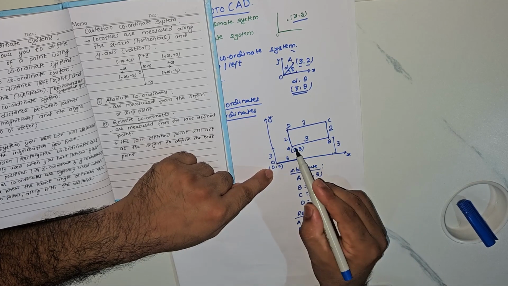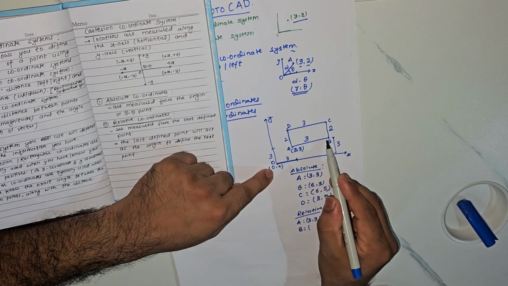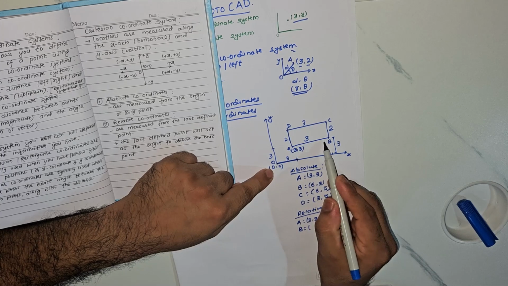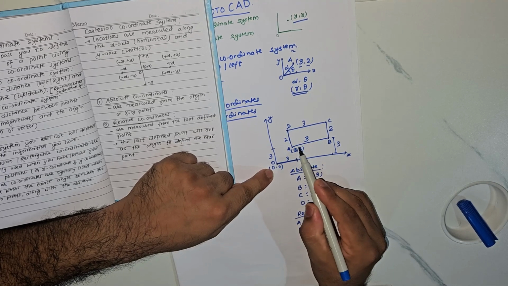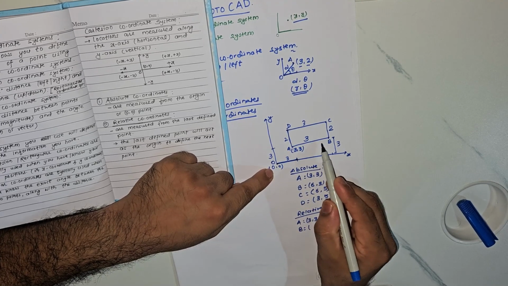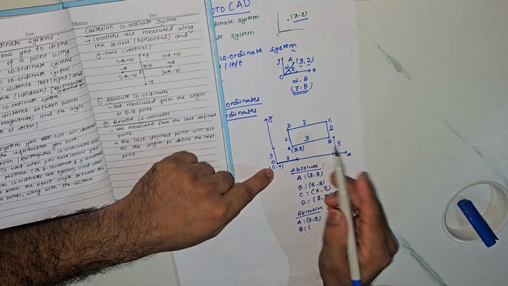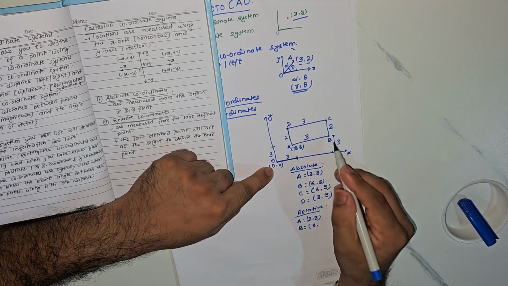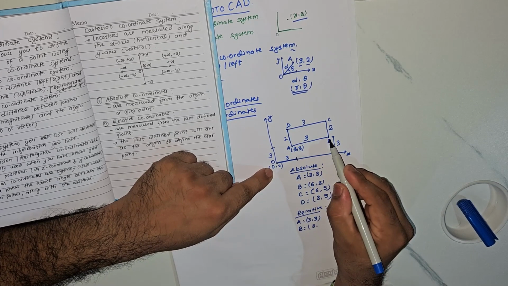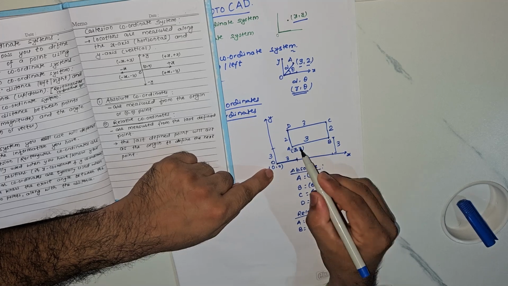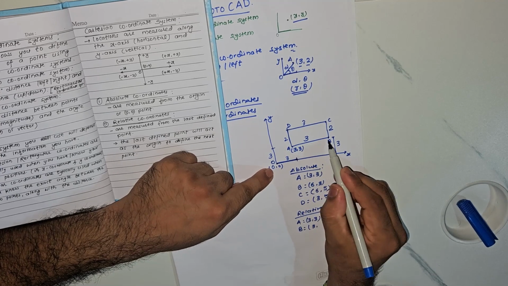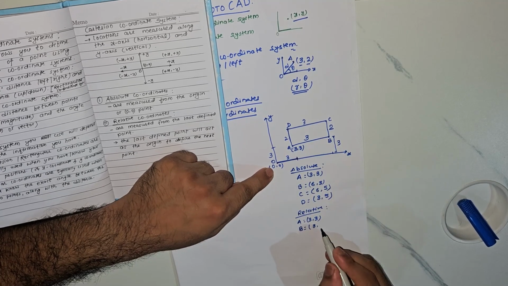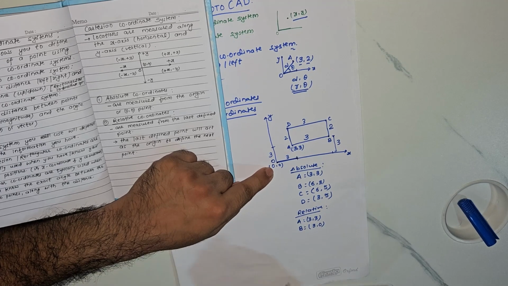The x coordinate of B, the horizontal distance from A, is 3 unit, so you can write 3. And the vertical distance from A, since A and B are in the same line, will be 0. So we can write 0.